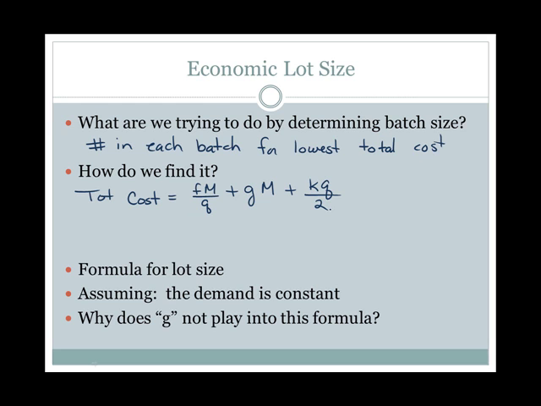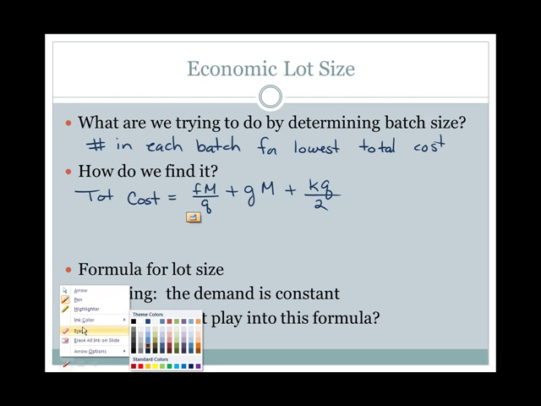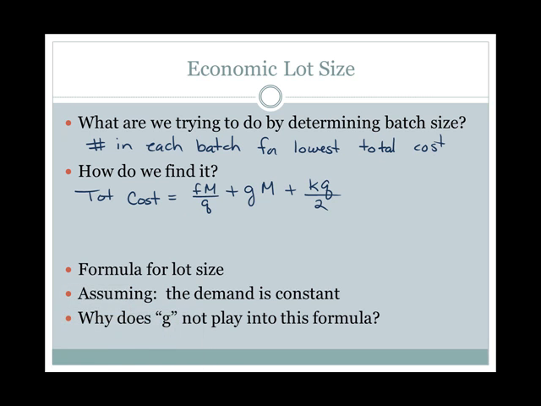Now, what's important to realize here is what are constants. Okay, so what is not changing. F is a constant. It's the fixed cost. It's the fixed setup cost. It's not changing. M is a constant because it's our total production for the year. G is a constant.